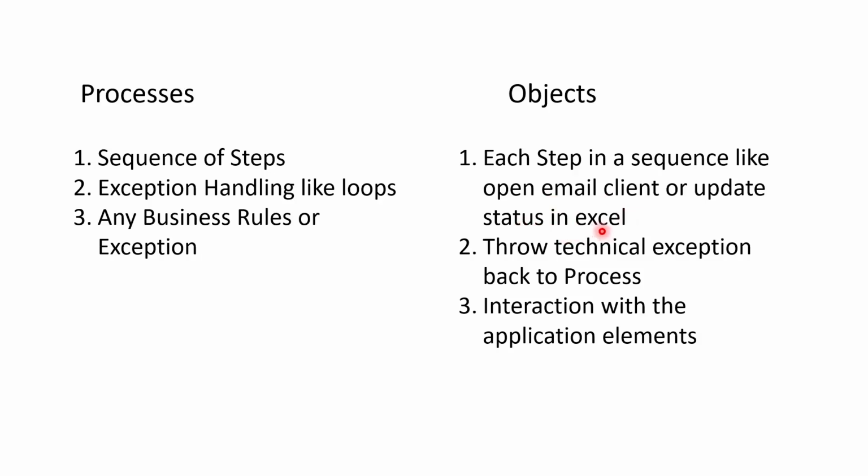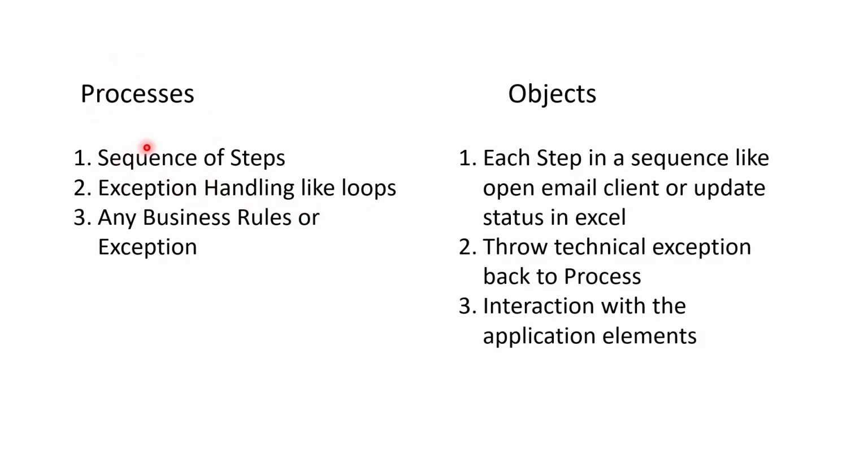Actually going and updating the status in Excel will be on the objects side. Then exception handling like loops, let's say I want to retry if some activity is not working, will be there in the process blocks.